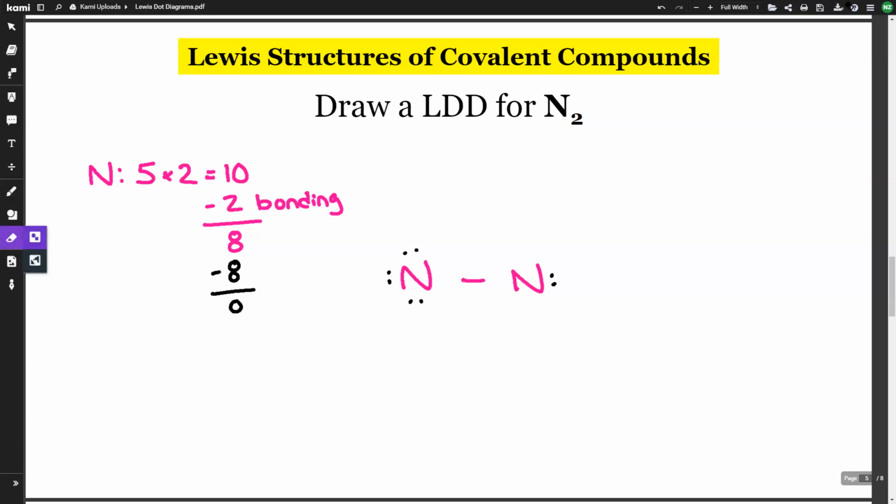So we're going to do the same thing that we did in the last example. I'm going to take 2 here and 2 here, and I'm going to create a triple bond. So in the middle, we have 6 electrons that are being shared, and then each nitrogen has a pair of electrons for 8. And now we are good.